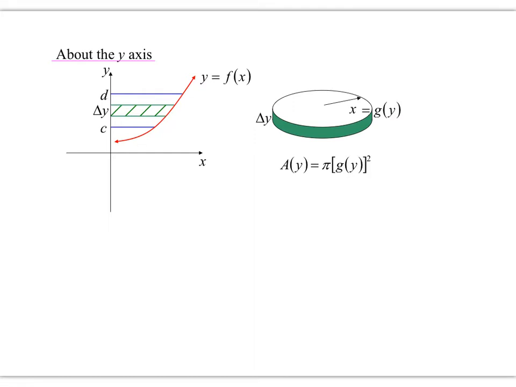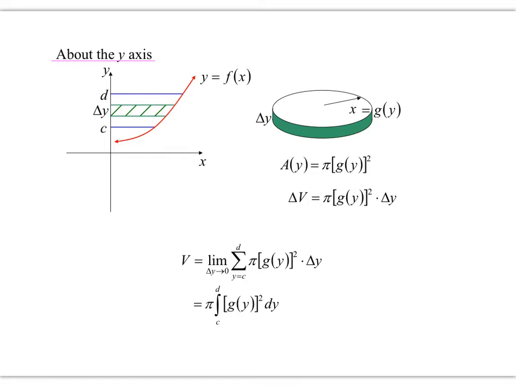So pi r squared, which will be pi x squared, or pi times g of y, all squared. The volume is going to be pi r squared h, so pi times g of y, all squared, times dy, or delta y. Same notation, write it in terms of our integration.